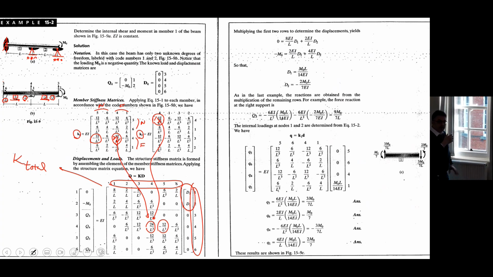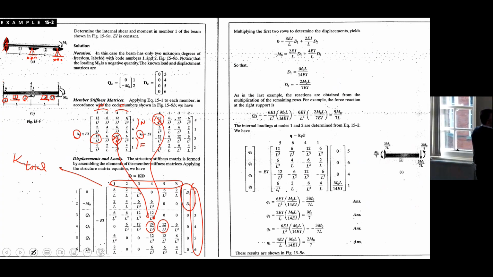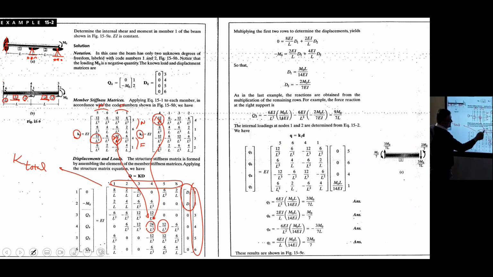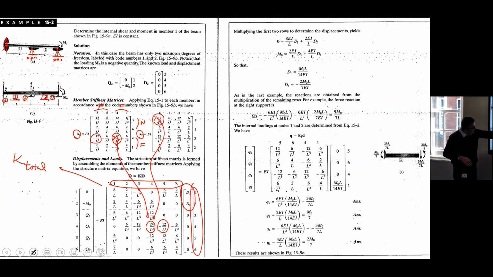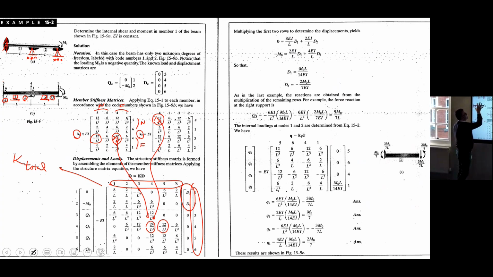Yes, but they go in the right places. For example, this is somewhere else, but it still goes here. Final total K is the same, yes, because it's 1, 2, 3, 4, 5, 6, 1, 2, 3, 4, 5, 6. But this numbering depends on how you number here, right?